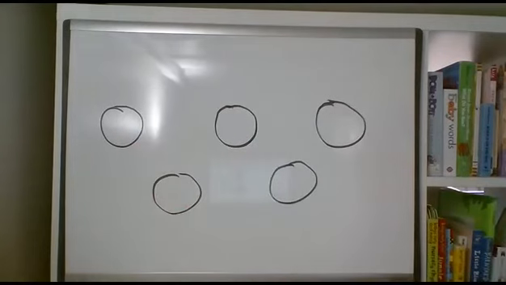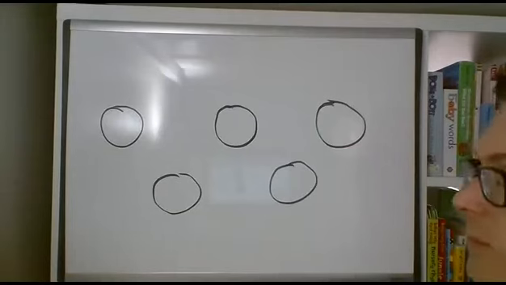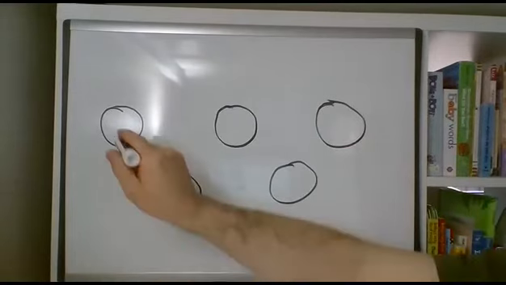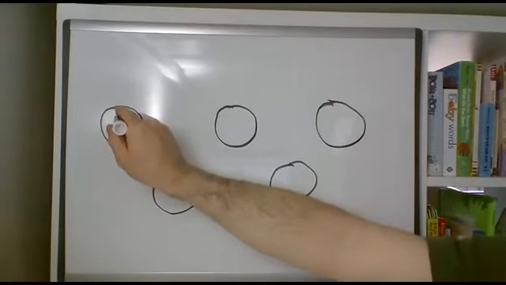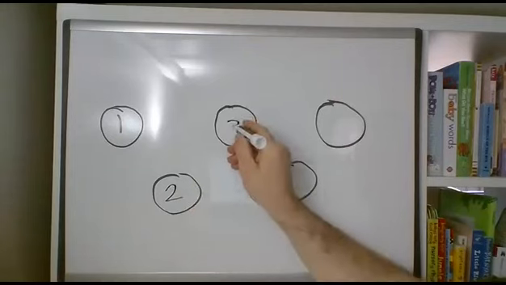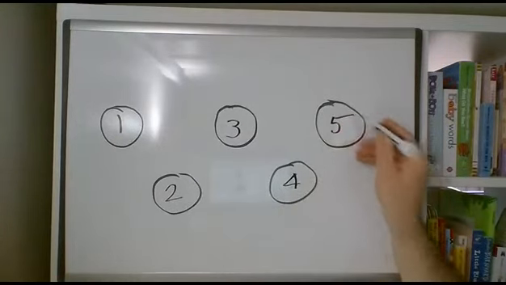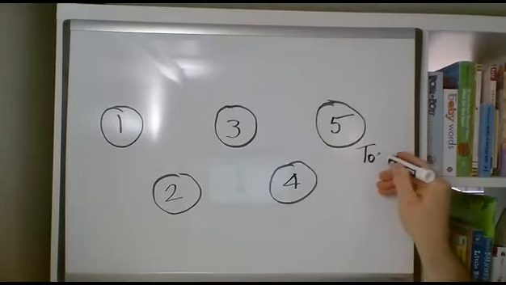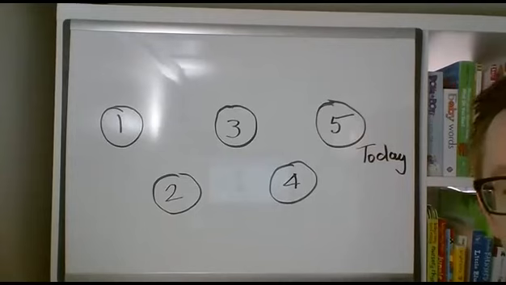So let's assume that these circles are really spheres, 3-dimensional models of the atom. Let's say this is the first model, that's the second model, that's the third, the fourth. The fifth is today, what we believe atoms are today.